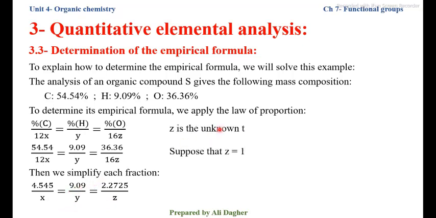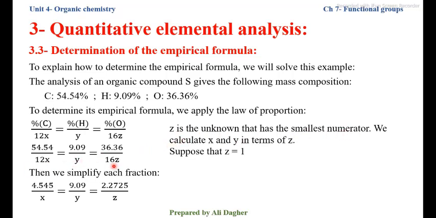Now, z is the unknown that has the smallest numerator. This is the smallest numerator among these three numerators.